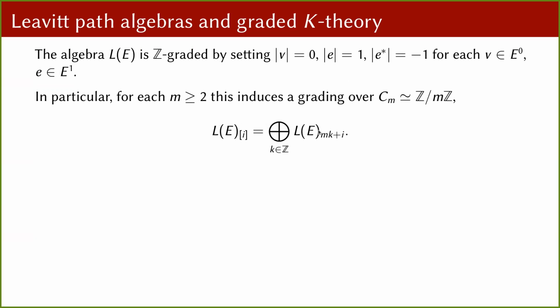So the homogeneous elements are the same ones as over Z, but now the degree is the original degree modulo m. And so LE for any graph E is graded over any cyclic group.